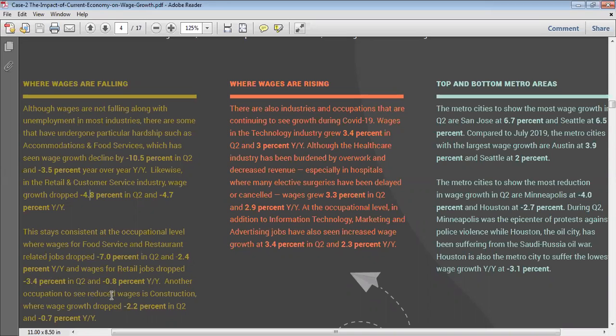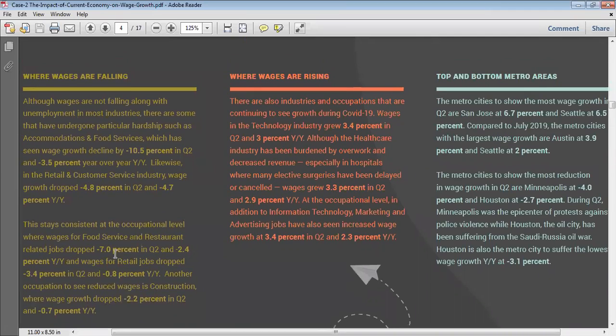Another occupation to see reduced wages is construction, where wage growth dropped minus 2.2% in quarter 2 and minus 0.7% year on year. I hope you can understand where wages are falling: food and accommodation services, retail and customer service, and to some extent even construction.